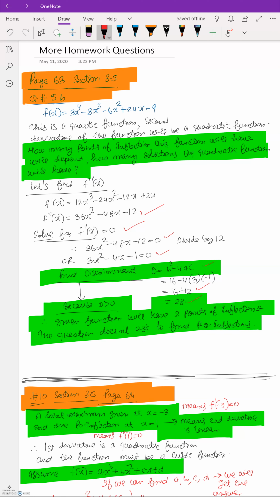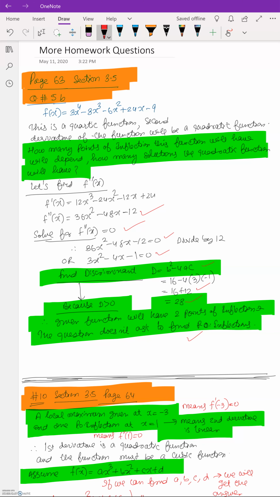Because the second derivative of this function comes out to be quadratic, and this quadratic function has 2 solutions because the discriminant is positive, therefore there will be 2 points of inflection. If a question is asking to actually find those points of inflection, we should go one more step, and find the solution of this quadratic equation, find those x values, and substitute back in the function to find the corresponding y values.